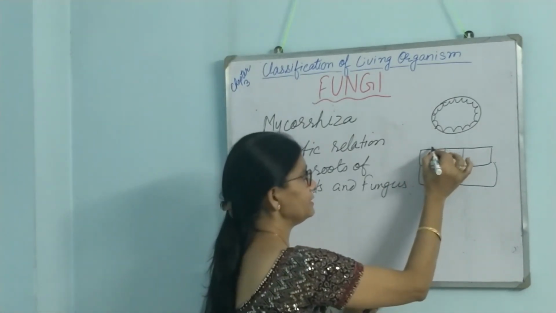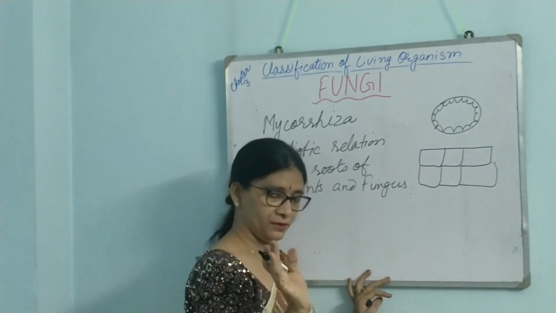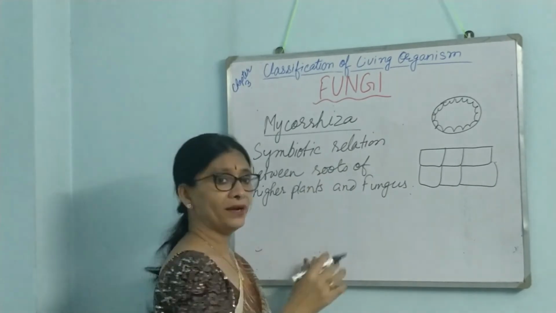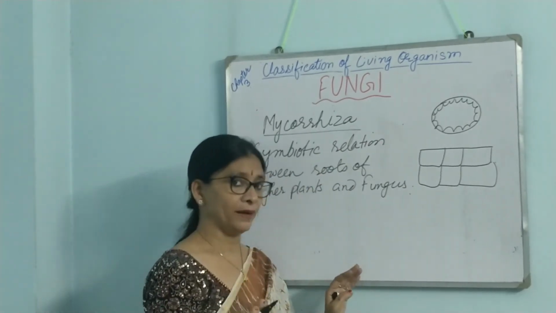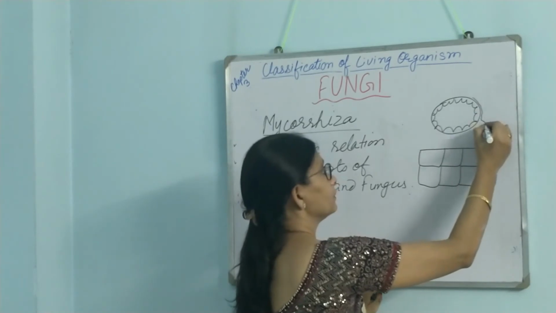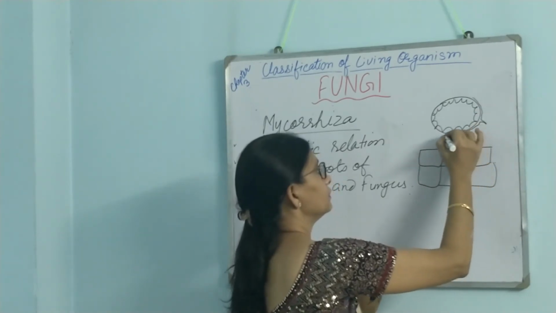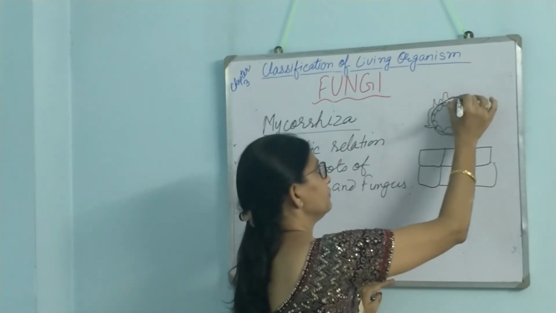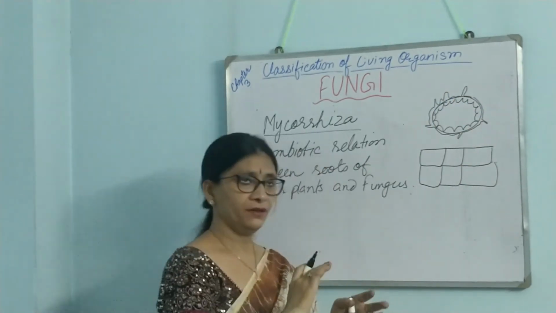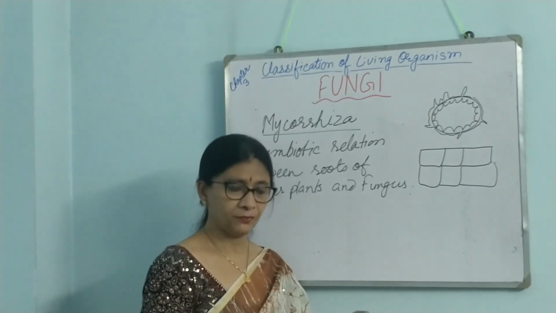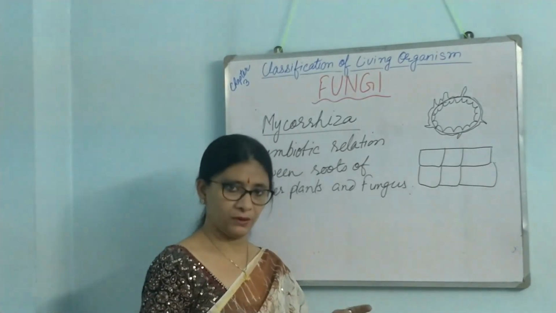Now the fungus, here we have two types of fungus which form mycorrhiza. One is ectomycorrhiza, one is endomycorrhiza. Ecto will just remain on the surface and will not penetrate inside. They will kind of surround the root hair and increase the absorptive area.